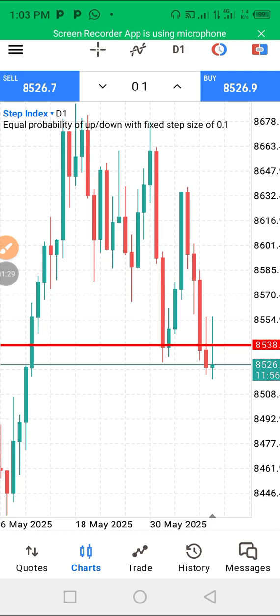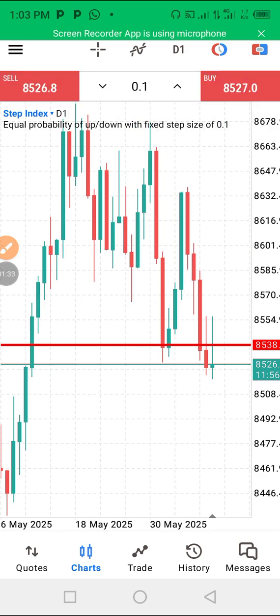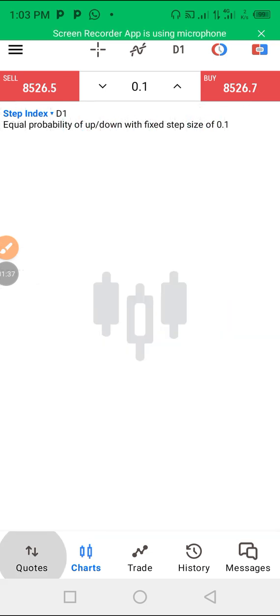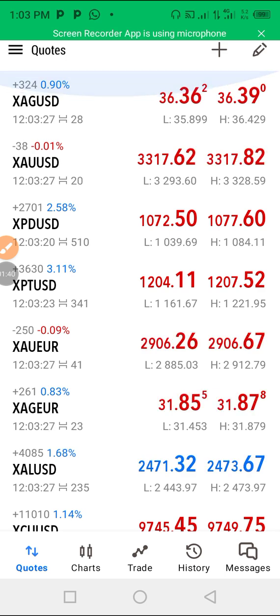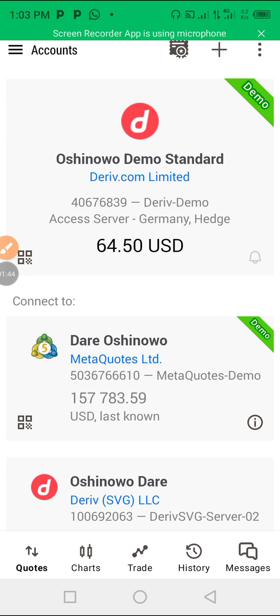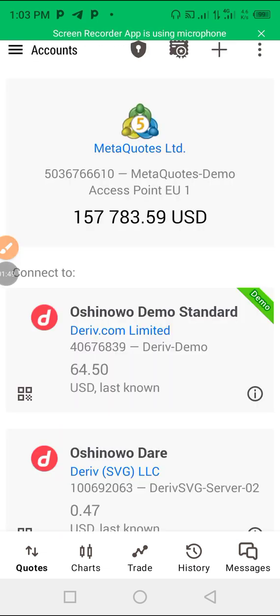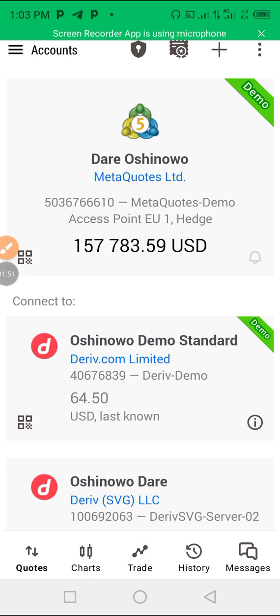Now you can see that our chart is still bare, and there's nothing there. So for the example, we open the Euro USD. How do we do that? Oh, sorry, this is not the forex chart. Let me go to a proper forex chart. Sorry about that. Okay, so we go to the Euro USD.